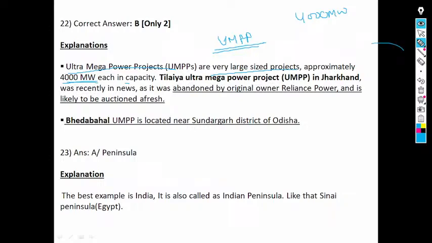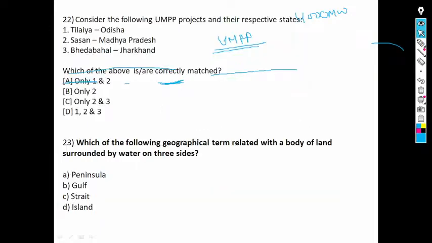Talaya ultra mega power project is in Jharkhand, particularly. Talaya is not in Odisha, it is in Jharkhand.